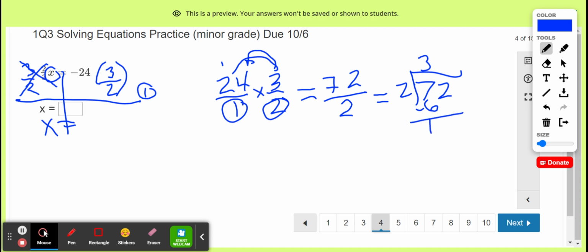Then we subtract, find the remainder from the first number, then bring the 2 down. 2 goes into 12 6 times. And now going back to the original number, this was a negative. And so one negative is going to leave our answer negative.